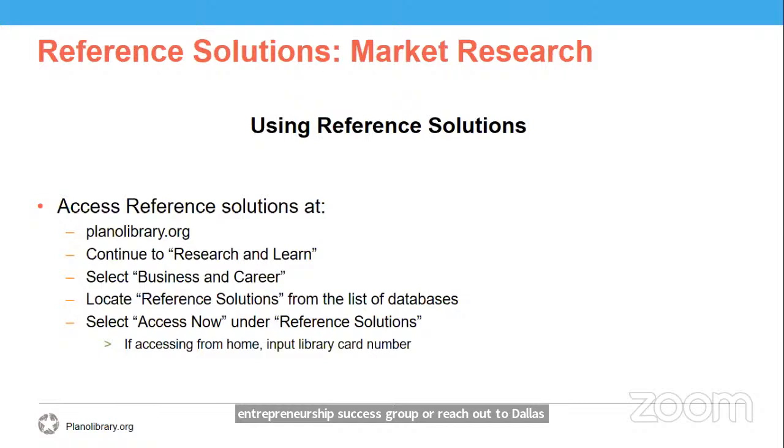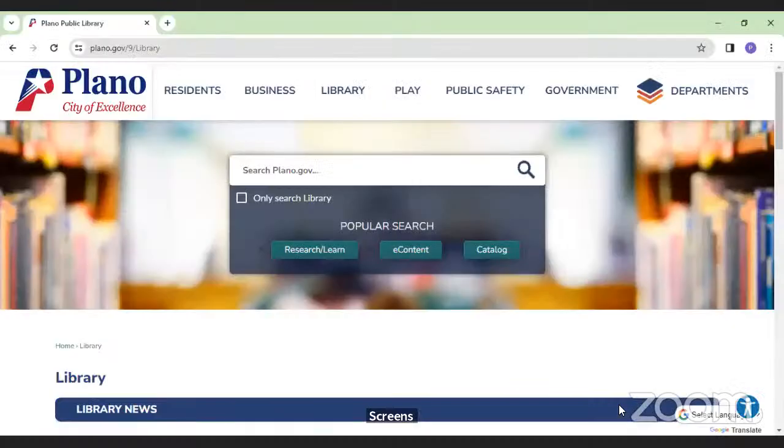All right, so now we're going to jump into actually using Reference Solutions. So bear with me one moment while I switch screens. Okay, so how do we access Reference Solutions? It's going to be from our library homepage.